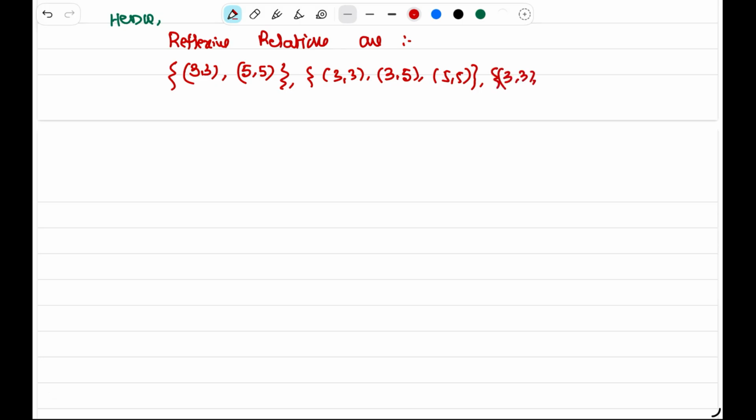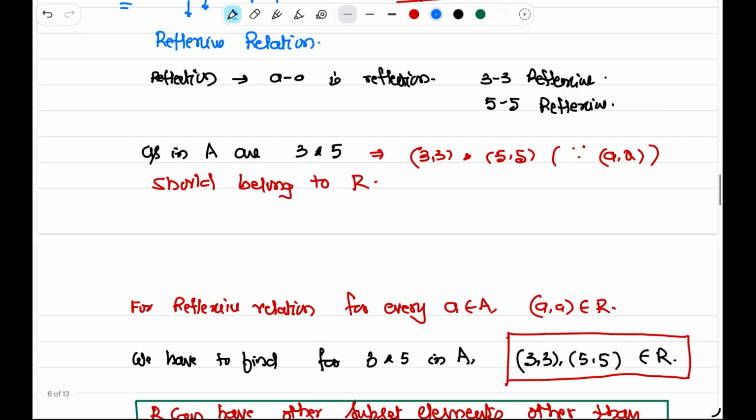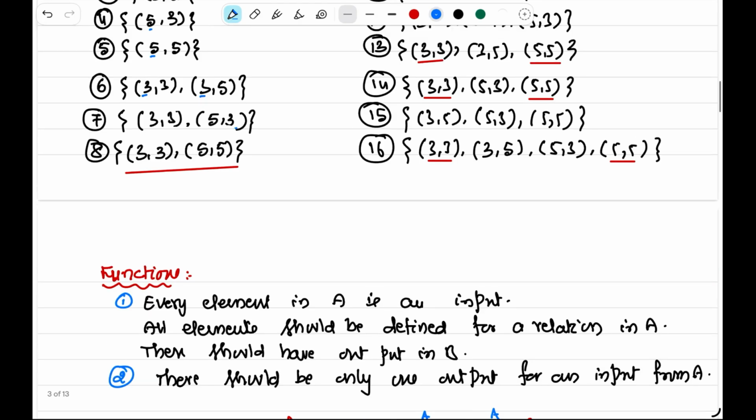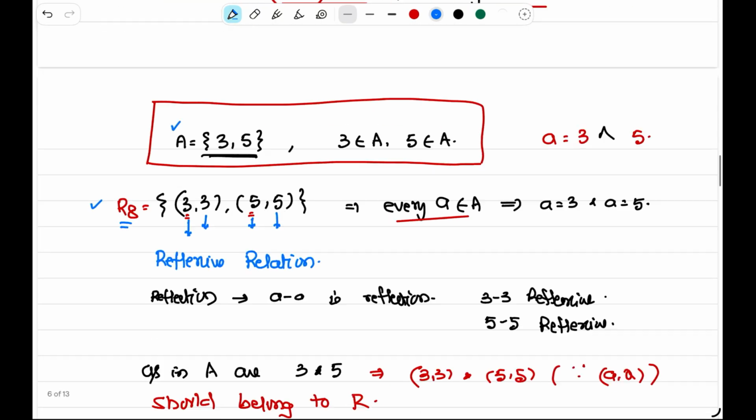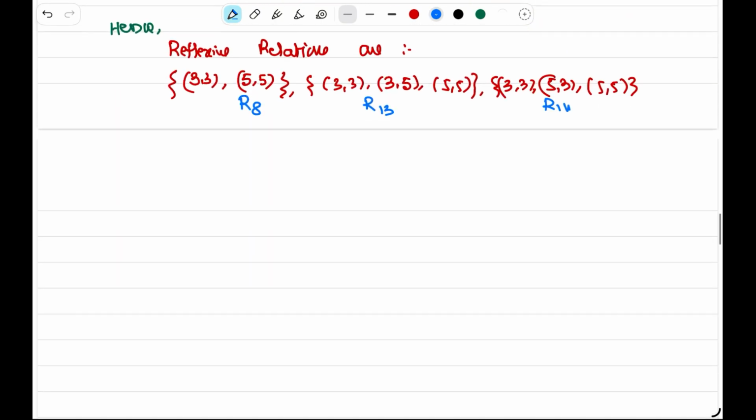This is R8, this is R13, this is R14. And another one is R16: (3, 3), (3, 5), (5, 3), (5, 5).